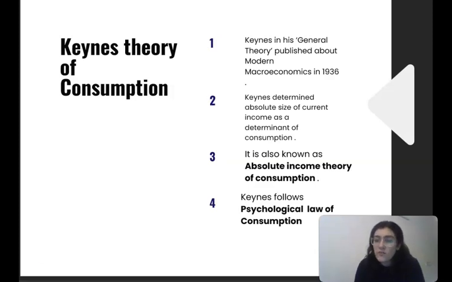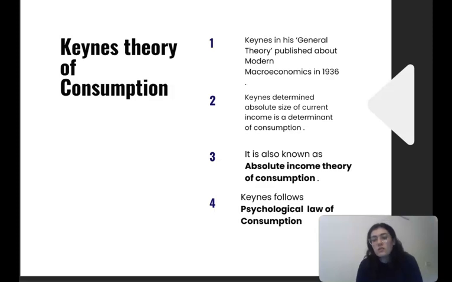Now we come to a very, very important person, that is Keynes' theory. Keynes, in his General Theory, which was published in 1936, focused on consumption expenditure, and he determined that the absolute size of current income, that is the present income, is a determinant of consumption.